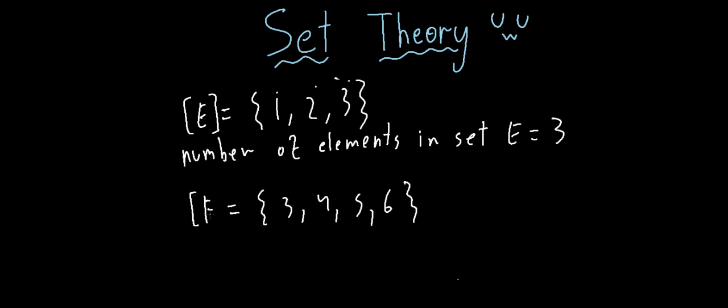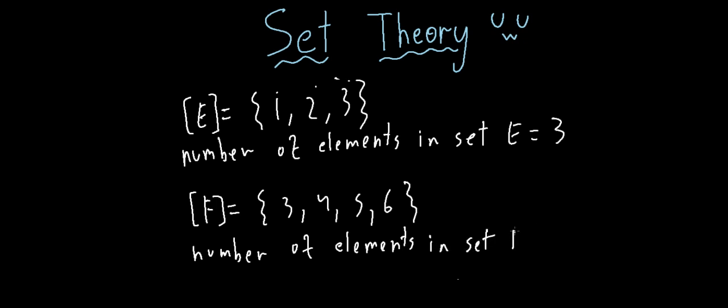And next we have set F. In set F, number of elements in set F, which will be 4. So from here we see that in set E there are 3 elements, and in set F there are 4 elements.